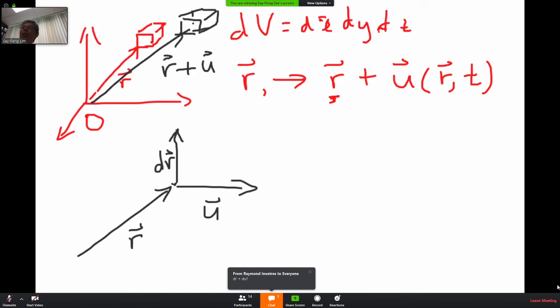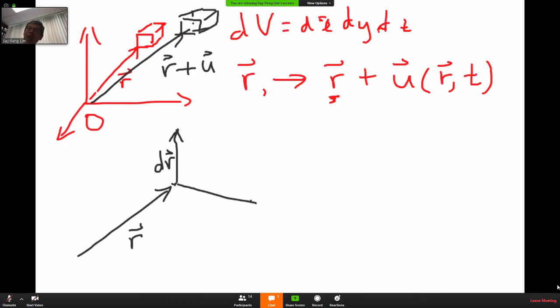Oh, I thought you meant the R plus du. No, okay. Let me change that so it doesn't look like a long x. This is highly exaggerated.